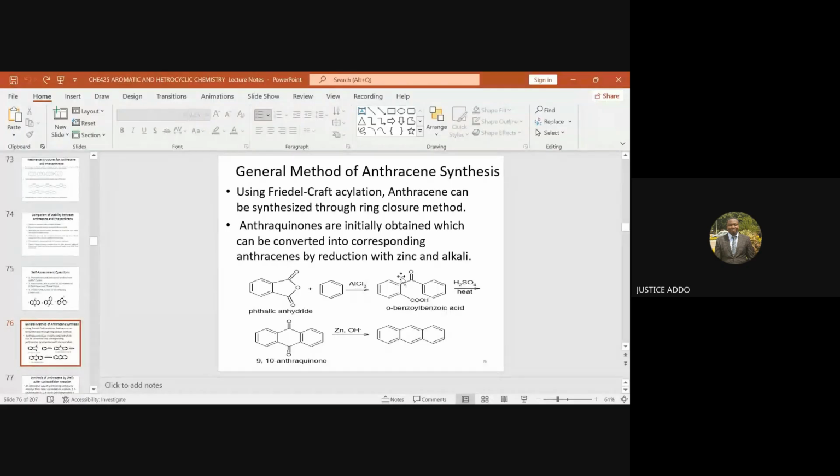Then you form this intermediate. Then you perform what we call cyclization. Then when you form the cyclization product, which is a 9,10 anthraquinone, how do you reduce these ones and then aromatize them? The middle ring is the use of what? Zinc in alkaline medium, and then you form your anthracene. So know the steps for the synthesis of what?